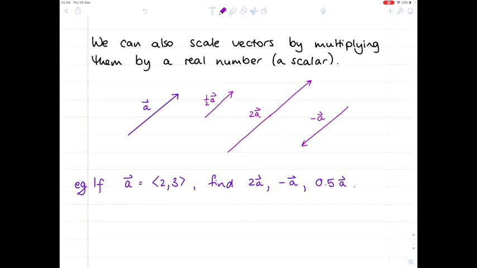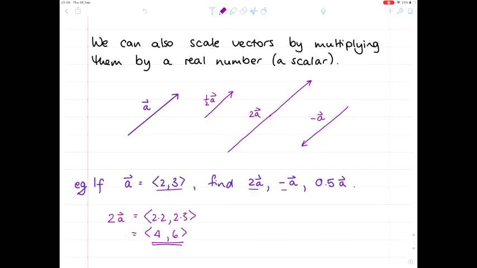Alright, so if we have a vector A which says go 2 in the x and 3 in the y, what are these things? Well, 2A, we just multiply each component by the amount we want to scale it. So it's going to be 2 times 2, 2 times 3, which is [4, 6]. And if you were to plot A, [2, 3], and [4, 6], you'd find that they both point in the same direction, but this one is twice as long.